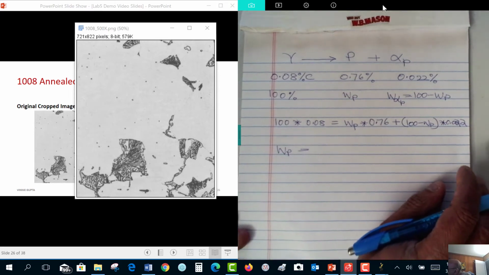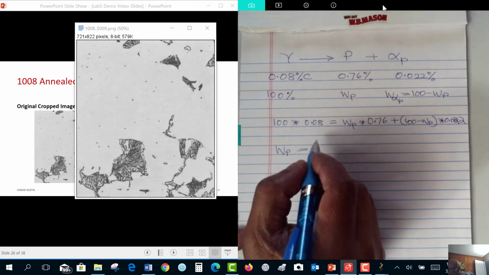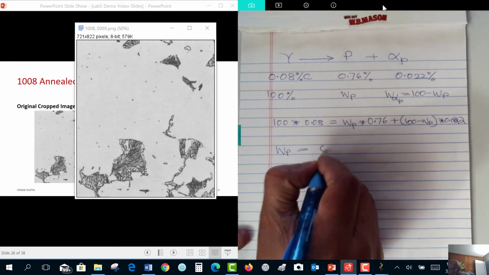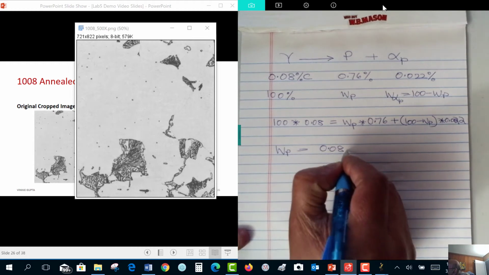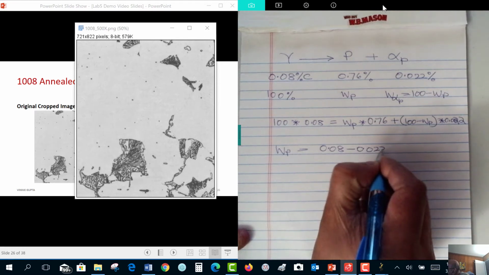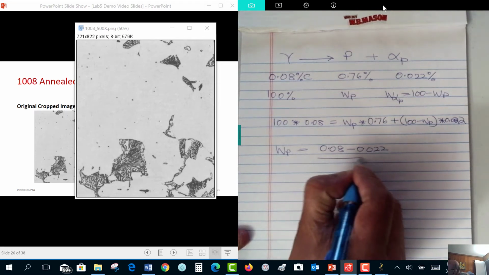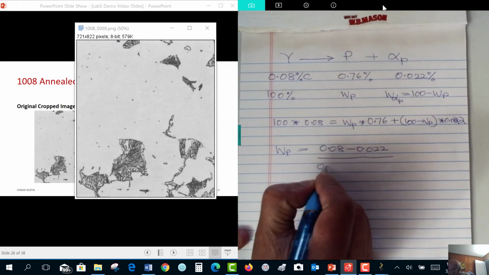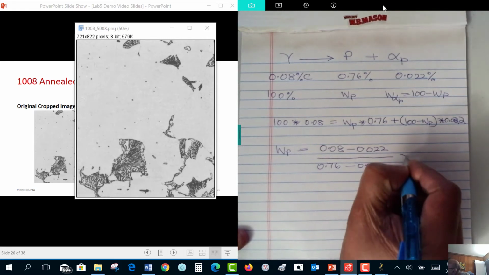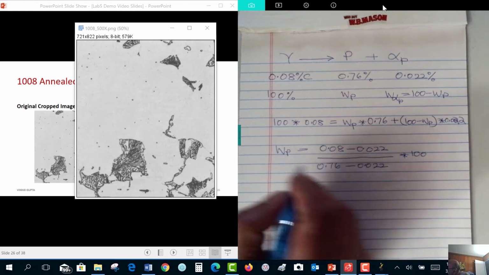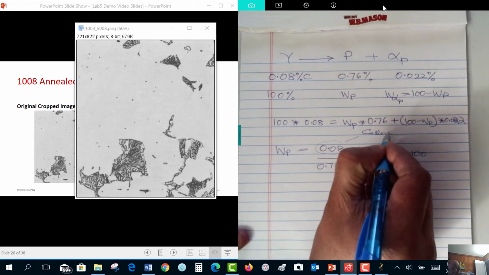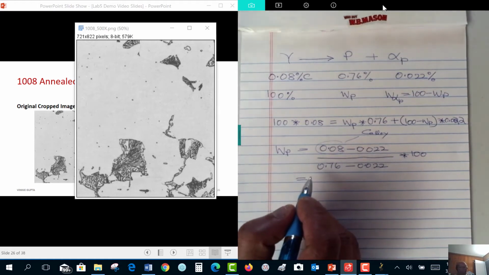So WP is going to be 0.08 minus 0.022, divided by 0.76 minus 0.022, times 100. So this is our C alloy.